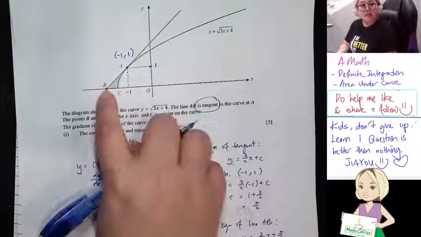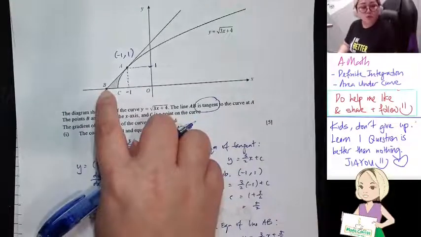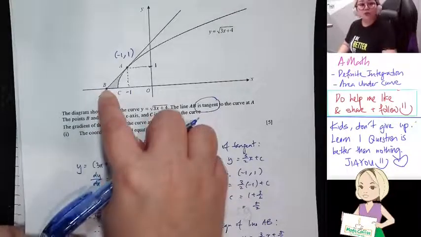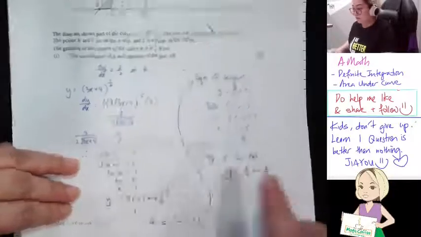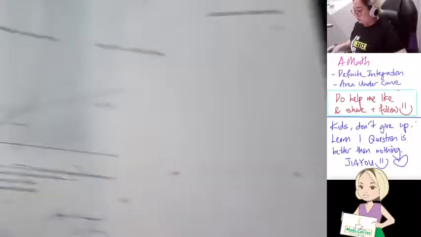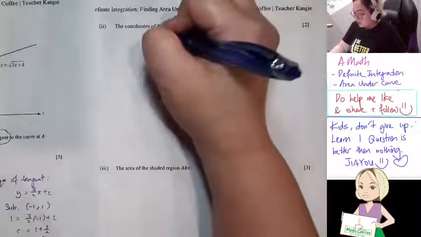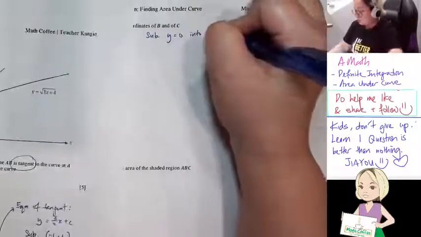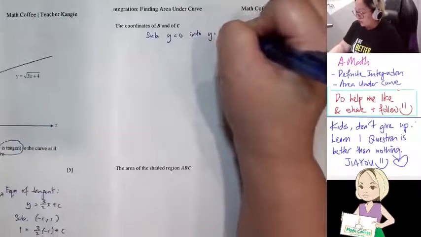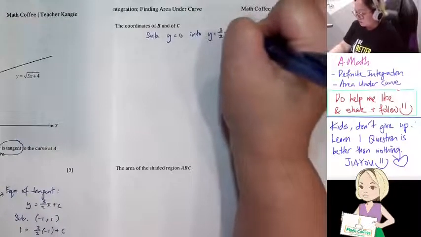And at B, we know that our y coordinate is 0. So all I need to do is sub y equals to 0 into this one. Agree? So we will go to here. We will say sub y equals to 0 into y equals to 3 over 2x plus 5 over 2.